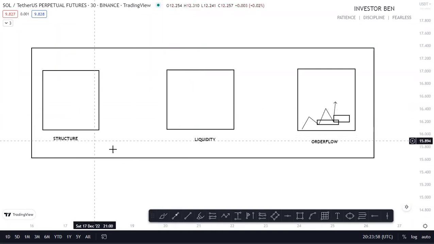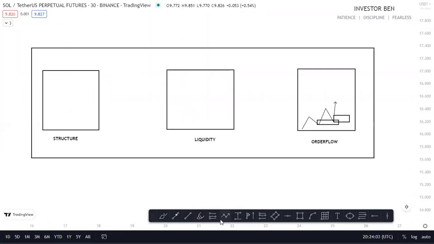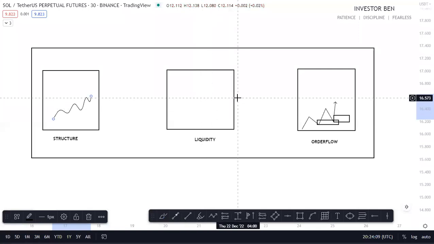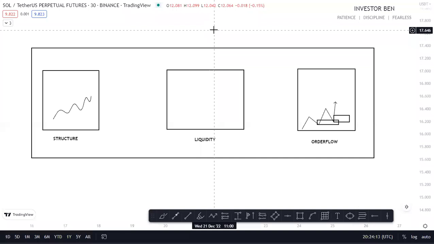Go to the chart. Let me just use something to represent structure. So structure here, then liquidity. When you talk of liquidity, there are two things you can actually use liquidity to do.